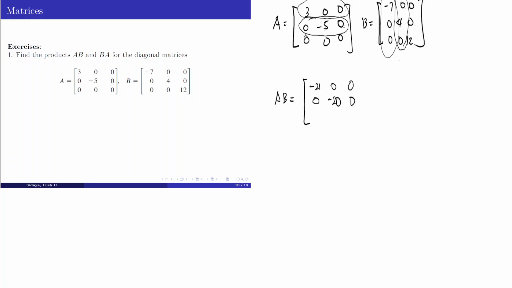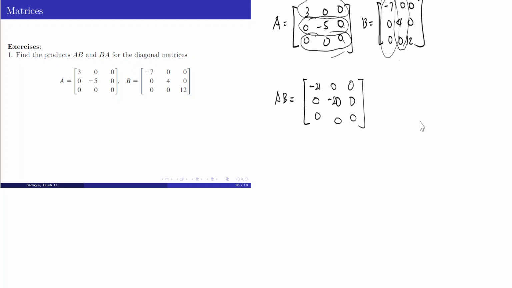Since the last row of A is all zeros, when we multiply and then add, the result will be just 0. So the product AB is this answer.